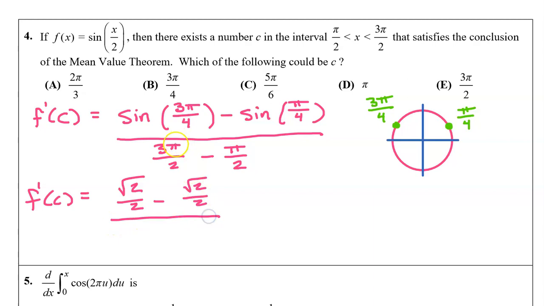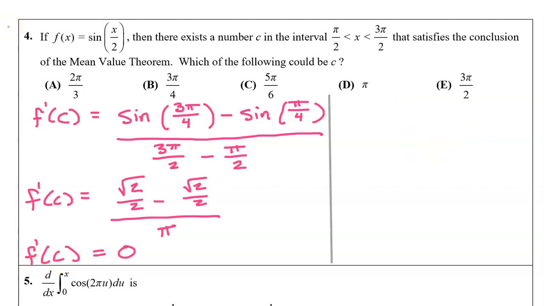Meanwhile, in the denominator, 3 pi over 2 minus 1 pi over 2 is 2 pi over 2, which is just pi. However, radical 2 over 2 minus radical 2 over 2 is 0. So that means f prime at c is equal to 0 for some value c.